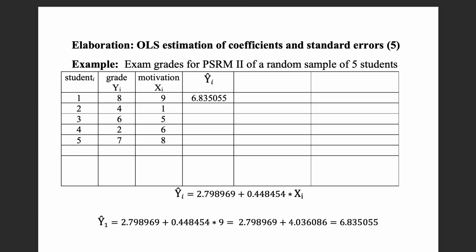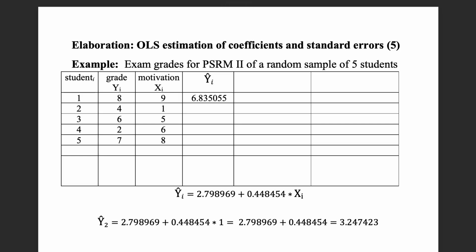So you see that in this case the student was predicted to score a grade of 6.835055. That was the predicted grade for that student, not the actual observed grade, just the predicted grade based on our model. And again, we can do that for the second student. Did you figure it out? Yes, great. It's again just run through the formula.